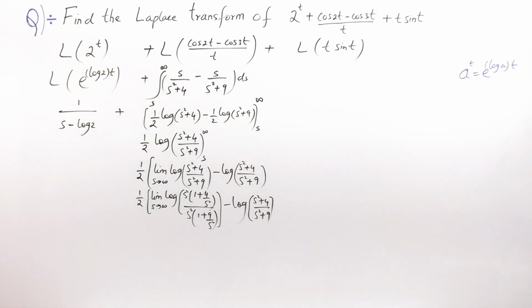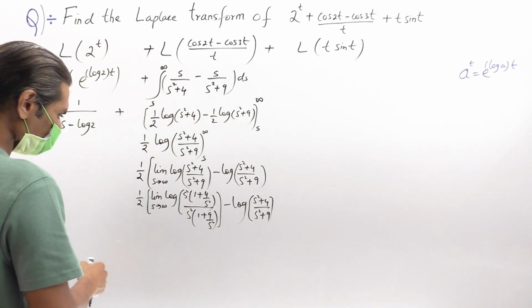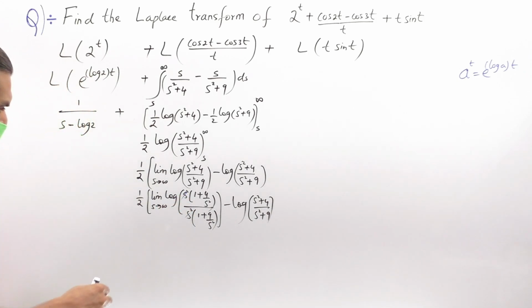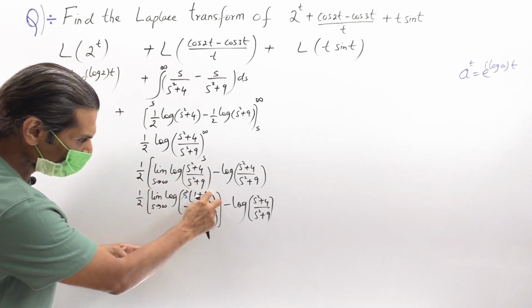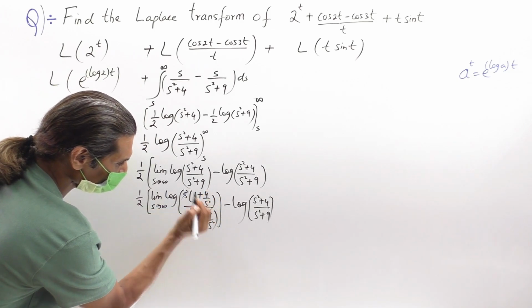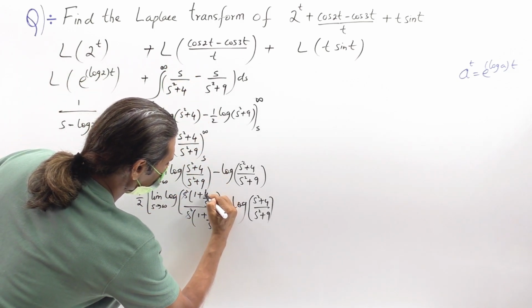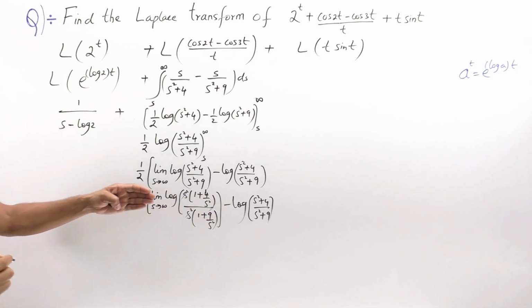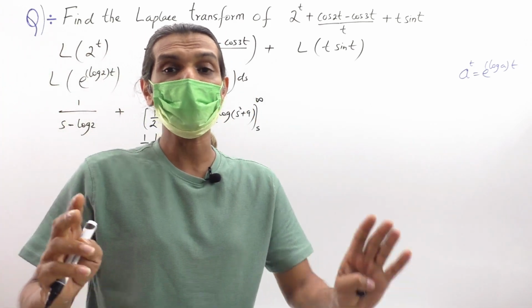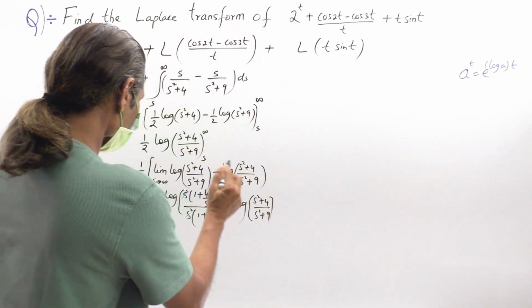Now the s square cancels. Anything by infinity is 0, so put 4 by infinity as 0, 9 by infinity as 0. Am I right? So it will be log 1. What is log 1? Log 1 is 0.